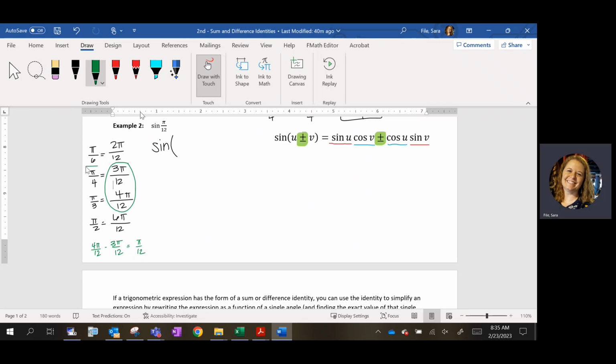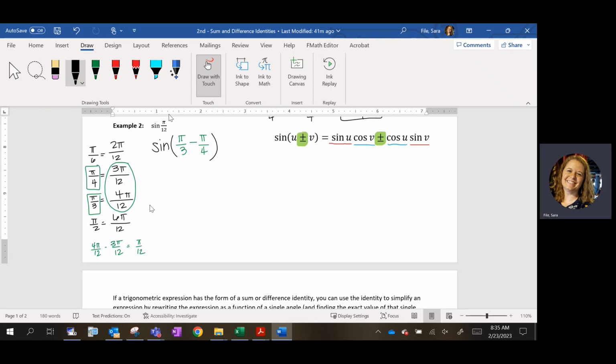I'm going to use the angles how we are used to seeing them. So 4 pi 12ths is pi thirds. Bless you. And 3 pi 12ths is pi fourths. So that's how I'm going to replace pi 12ths with pi thirds minus pi fourths. Are we okay with that?